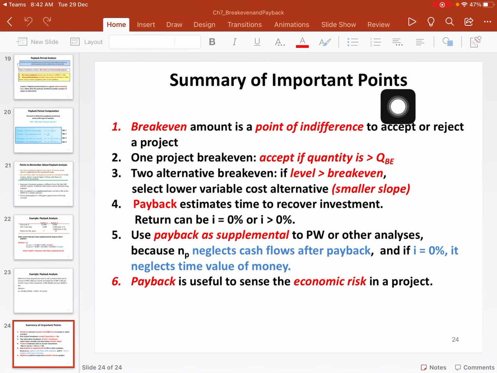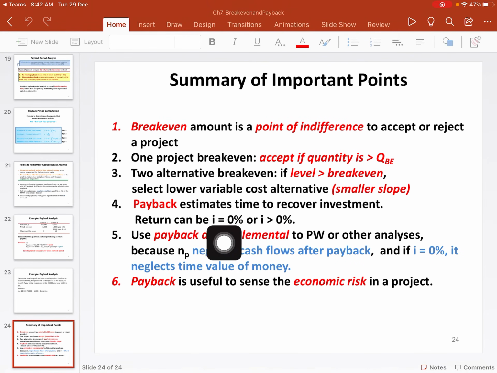The summary of important points for this chapter. First, the break-even amount is a point of indifference to accept or reject a project. Secondly, for one project, accept if quantity is bigger than QBE. Thirdly, for two alternatives, if level is bigger than break-even, select the lower variable cost alternative, with smaller slope. Number 4, payback estimates time to recover investment.